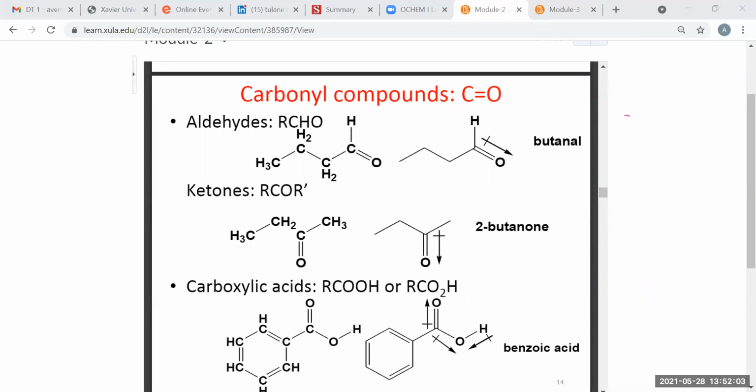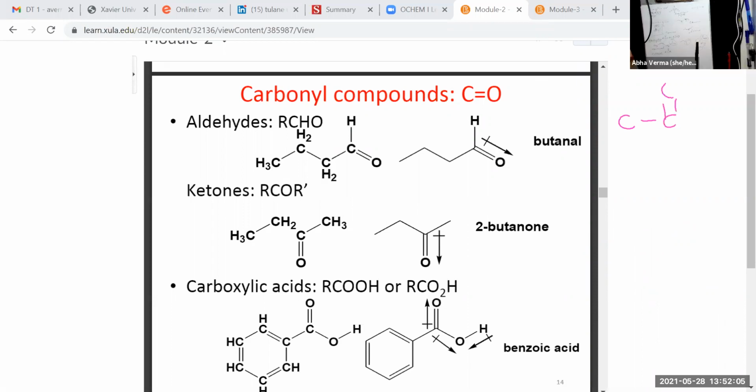You're welcome. So your aldehydes have a pattern like this. Your ketones will have a pattern like this. So the CH bond is missing in your ketones. Any questions so far?